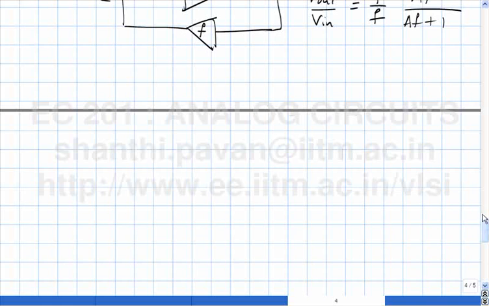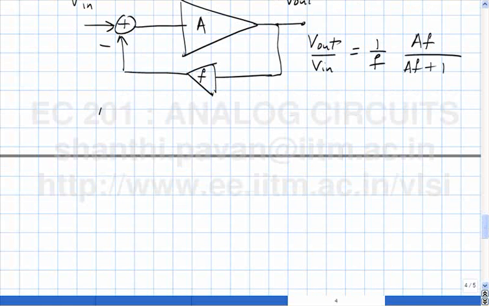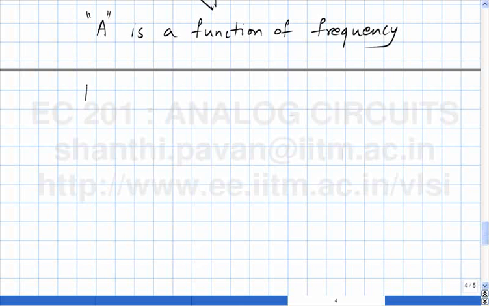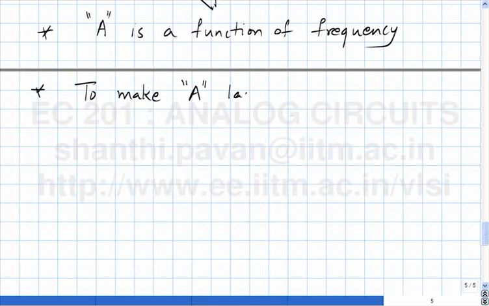What do we have for A? In practice A is a function of frequency. To make A large, we need multiple stages.